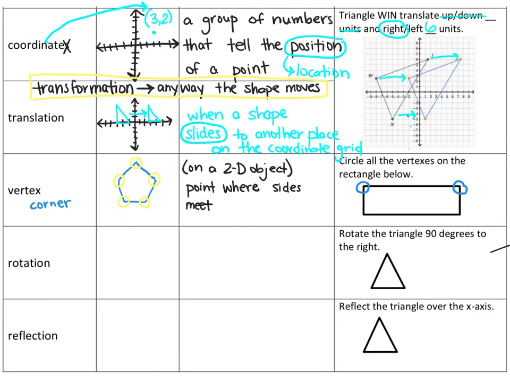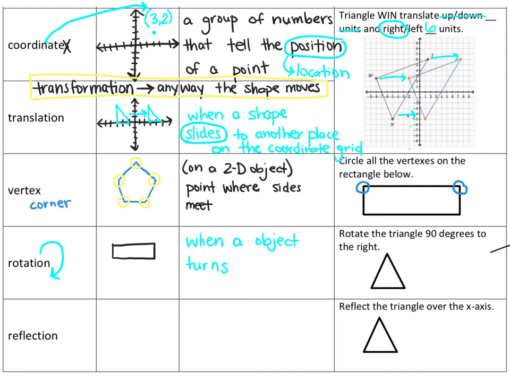All right, 2 more words left. Rotation. Rotation is when an object turns. So the definition is when an object turns. Then in our picture, we're going to draw an object. I'm going to draw a rectangle.